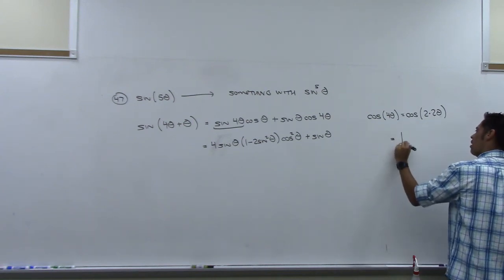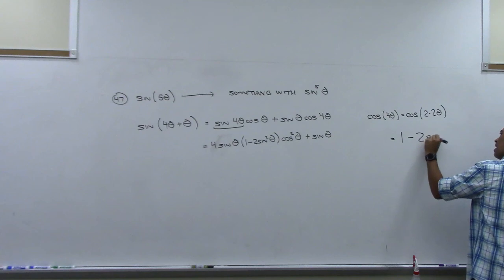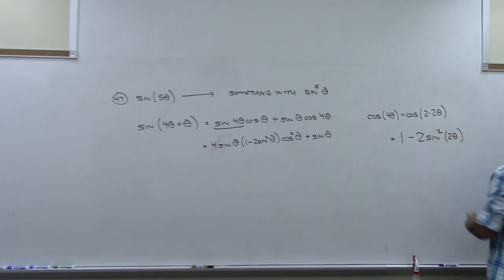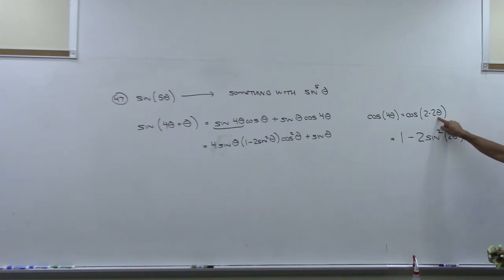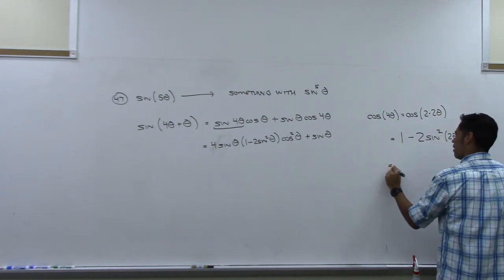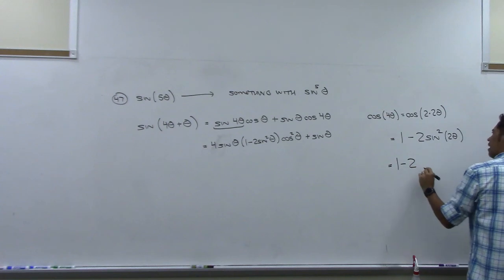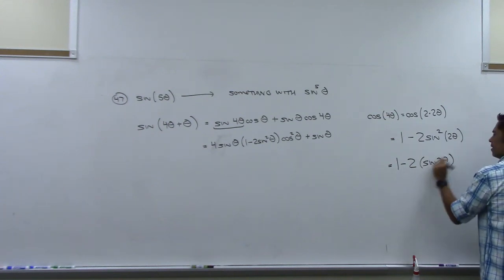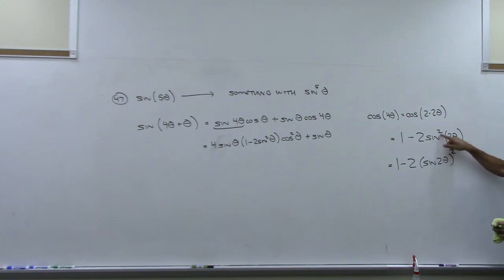So this is 1 minus 2 sine squared of 2 theta. Notice it's 2 theta here because that's the angle that's being doubled. And then from there, I'm going to rewrite this as sine of 2 theta, but then squared. I'm just rewriting what this means. Sine squared 2 theta really means this.